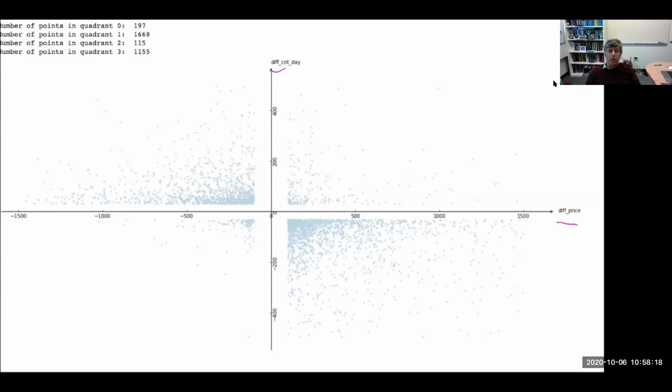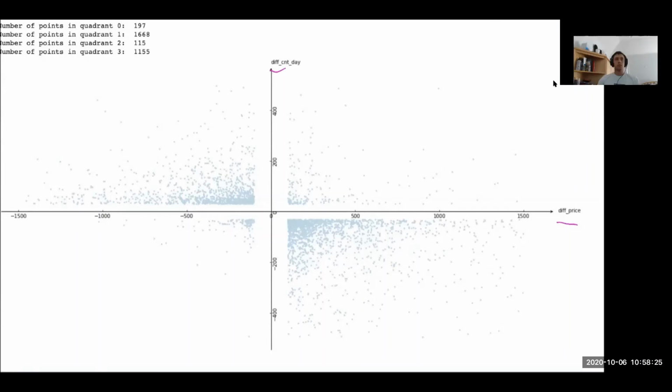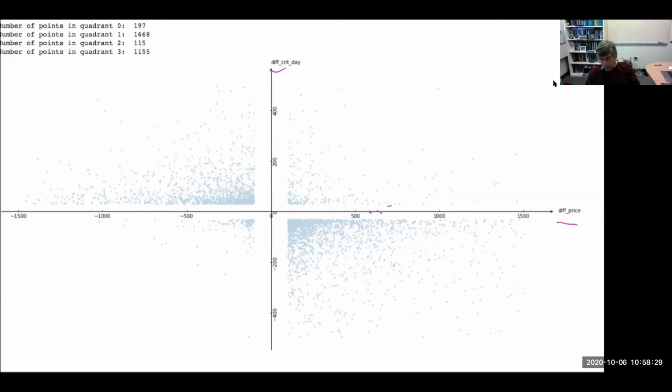Does everybody kind of see it? When I look at this, as the prices go up, more products are in this quadrant, meaning the sales went down. When the price went down, more products are in this quadrant, meaning the sales went up. And it's clear that there are relatively few products where raising the price caused more sales or lowering the price caused less sales.